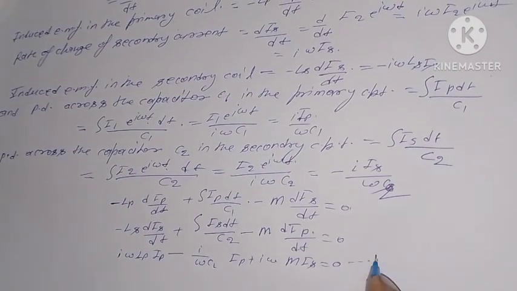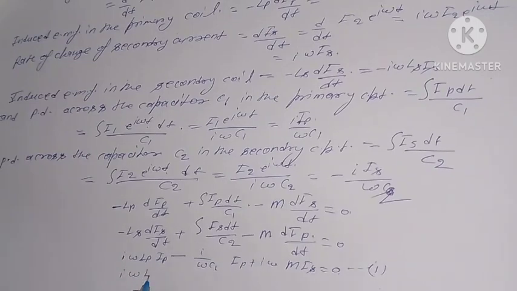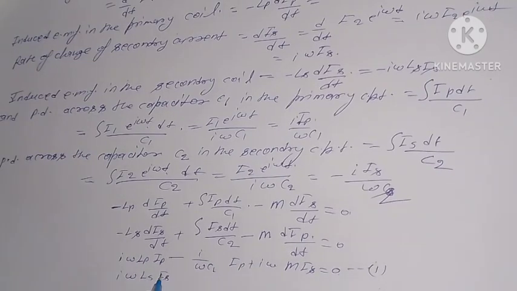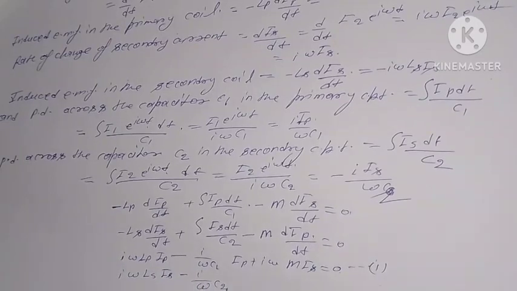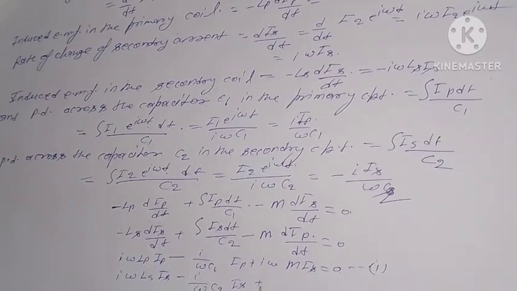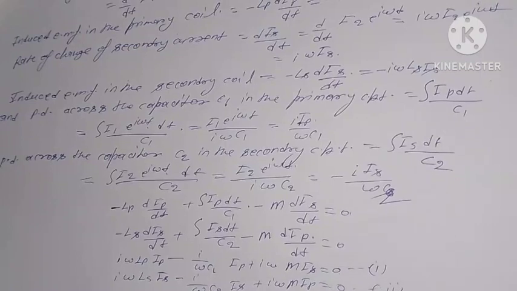This is equation number first. And i omega LS IS minus i upon omega C2 IS plus i omega M IP equal to 0. That is equation number second.